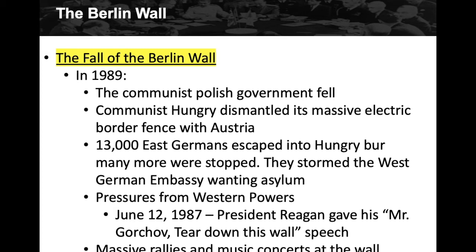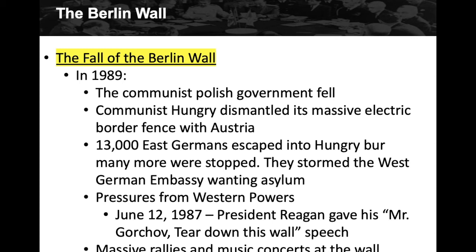So we have 13,000 East Germans try to get away. Actually, the 13,000 did escape, but a lot more wanted to, but they were stopped. So those that were stopped went to the West German embassy, and they wanted asylum.